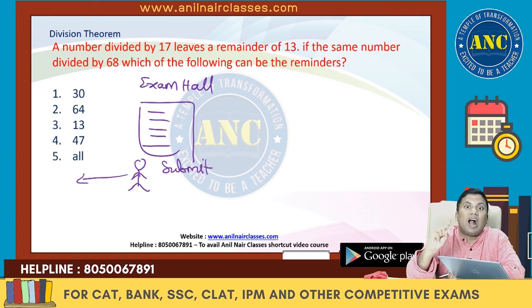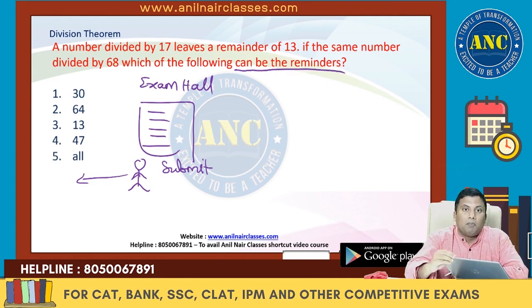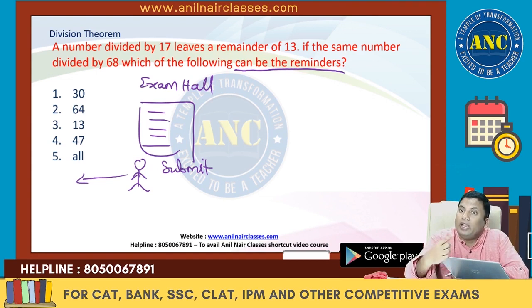You did not attempt any questions, but you attended the exam and clicked on submit. I hope this statement is extremely clear to you. If he says which of the following can be the remainders, maybe the division is not happening and you are getting the same numerator as the remainder. That could also be a possibility. I repeat, could be a possibility, not necessarily must be a possibility.